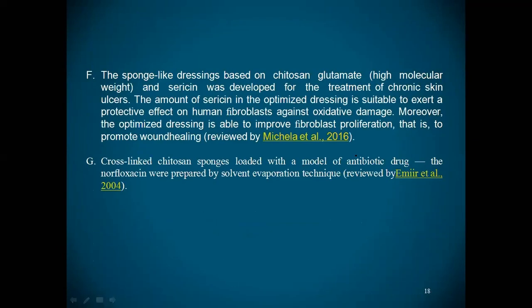A sponge-like dressing based on chitosan, glutamate and sericin was developed for the treatment of chronic skin ulcers. Moreover, the optimized dressing is able to improve fibroblast proliferation and promote wound healing.